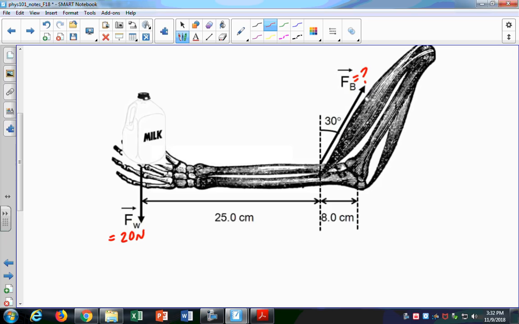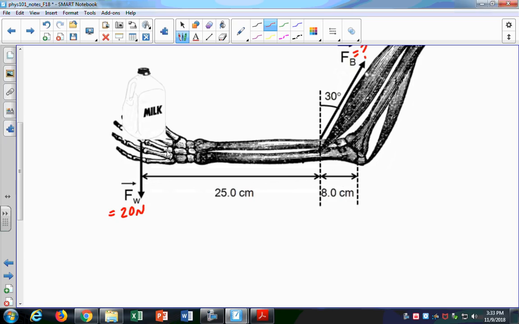I forget what the class is, but the way that it's set up, it's not very efficient, because you need a really big force here to lift something that's relatively small here. My moment arm for the bicep is relatively small, but my moment arm for whatever's in your hand is relatively big. That's why guys get these really big biceps, because you need big muscles to lift even moderately small things.